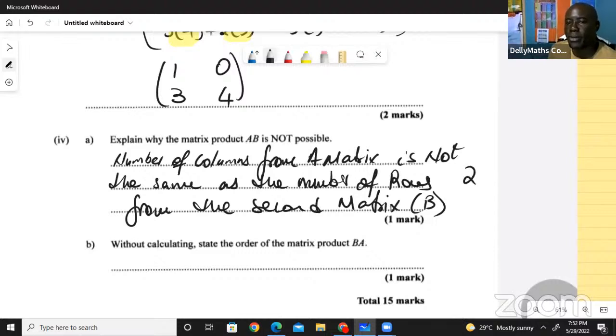And I'll rewrite it for you. There's a 2 by 2 and there is a 3 by 2. We're suggesting that these numbers are not matching up, so it's not conformable for multiplication.